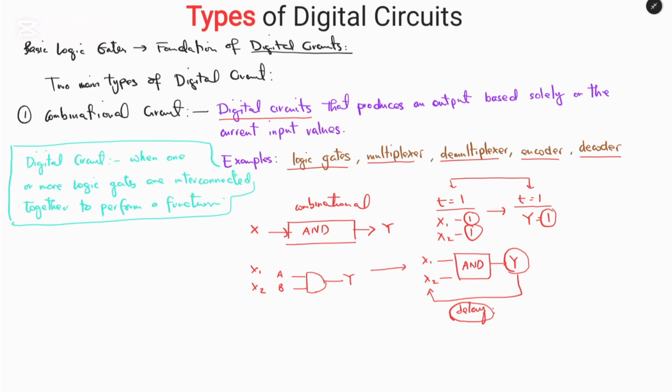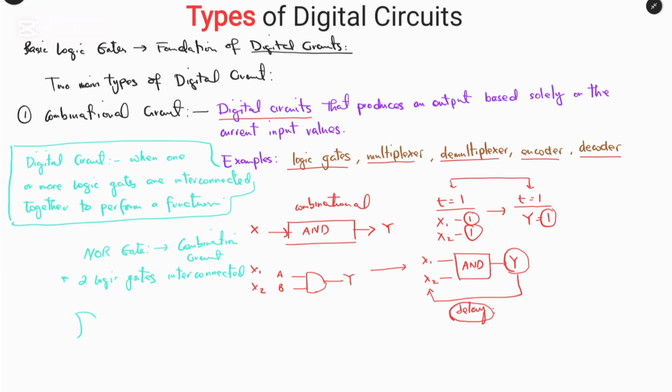In this case, take a multiplexer. A multiplexer is made up of more than one different type of logic gate. For example, a NOR gate can be seen as a combinational circuit with two logic gates interconnected.